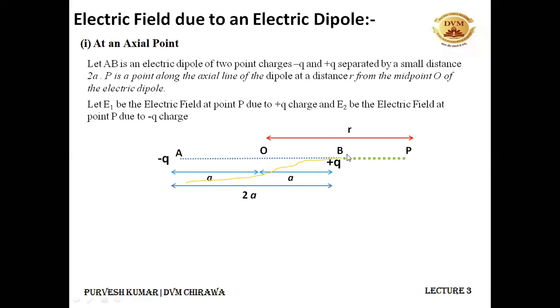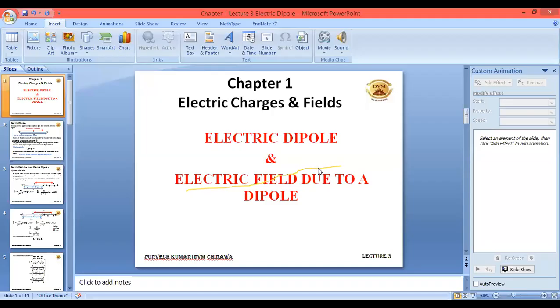All right. So we have taken that E1 is the electric field at point P because of plus Q charge, and E2 is the electric field at point P because of minus Q charge.